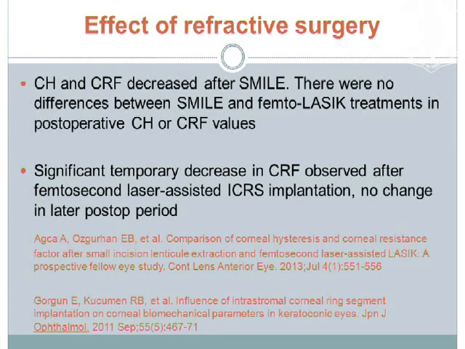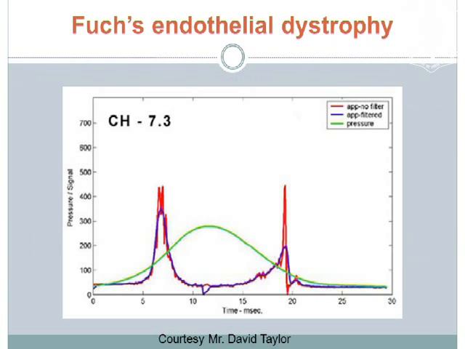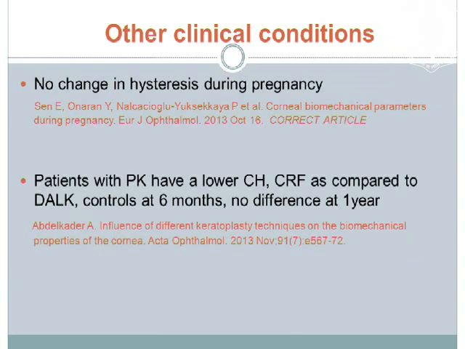However, in the later post-operative period, no difference was observed. In Fuchs endothelial dystrophy also, we note very low CH and CRF values. Other clinical conditions that have been reported: there's been no change noted in pregnancy, and in patients with PK, you do have a lower CH and CRF value as compared to DALK, but this is only in the initial post-operative period. There is no difference at one year.